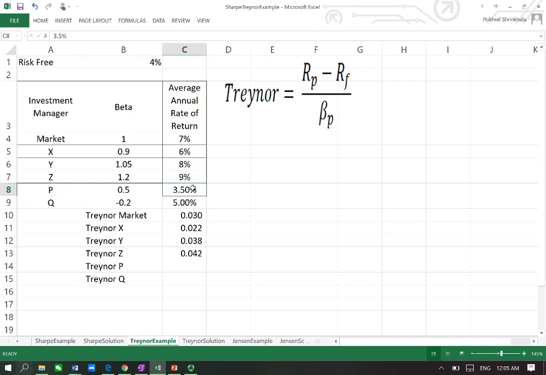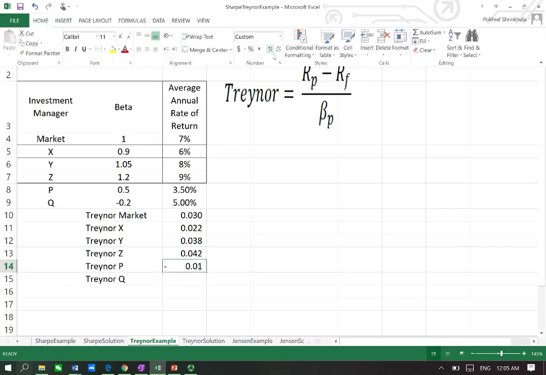So basically, as soon as I put 3.5% take away the risk-free rate, you know that I'm going to get a negative excess return, because 3.5 is smaller than 4%. So therefore, I have received this negative excess return.